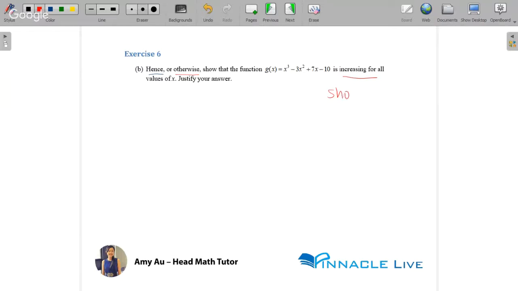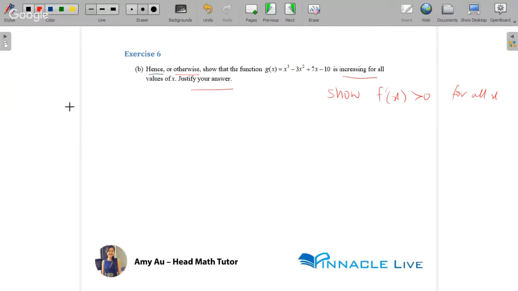Increasing means show me g′(x) is always positive for all x. Justify means explain yourself. Don't leave the answer hanging. Don't leave someone to second guess what they're supposed to deduce from your answer. Always address that question. All right, so let's start with showing increasing first.